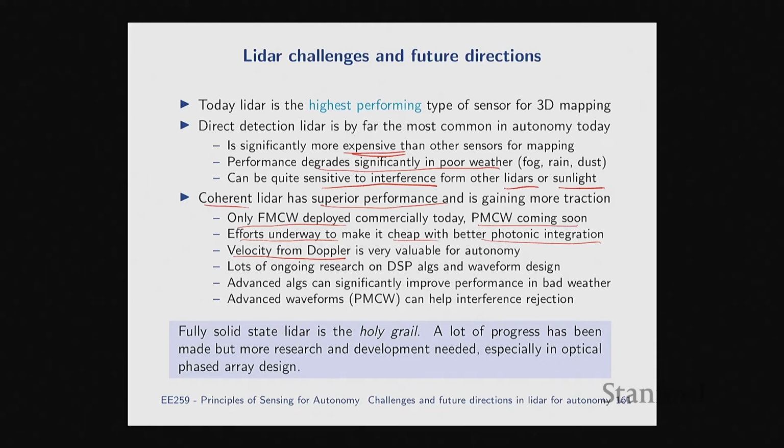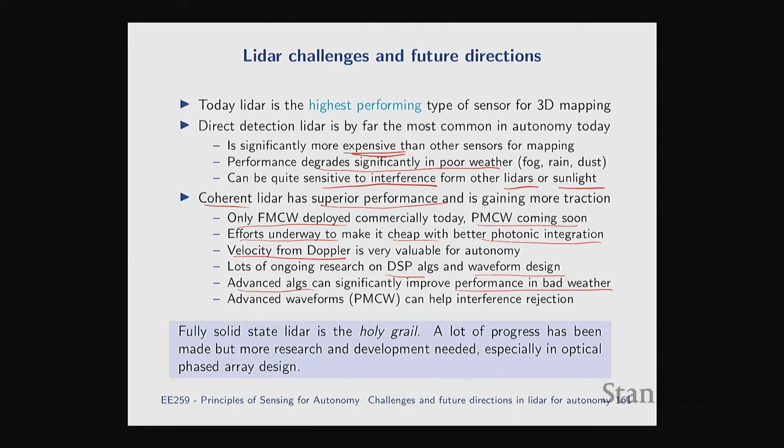There's tons of ongoing research on coherent LiDAR, especially PMCW, in terms of DSP, waveform design, hardware design. It's a very active area of research. One very interesting line of research is that because you have the full complex field with coherent LiDAR, you can be smart with your DSP and improve the performance in bad weather.